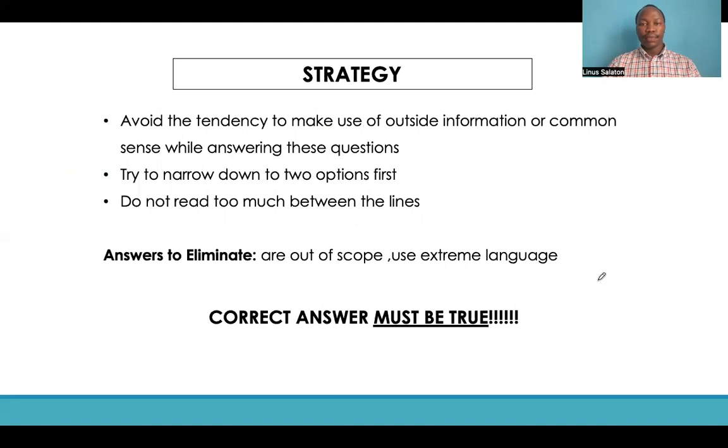So the strategy that you can use to approach these question types is to first avoid the tendency to make use of outside information or common sense while answering these questions. The correct answer to the question will be provided in the information in the stimulus.